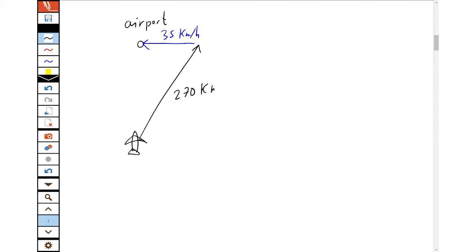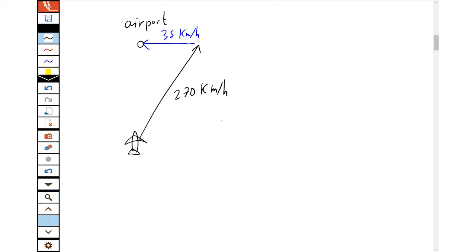So let's do one of those. Let's say we have a plane that wants to go due north to an airport. So we got our plane, we know we want to go north, and the wind is coming from the east with a speed of 35 kilometers per hour. So we draw the wind coming from the east, 35 kilometers per hour, and then we aim our plane at that. Now we're told our plane has an airspeed of 270 kilometers per hour.